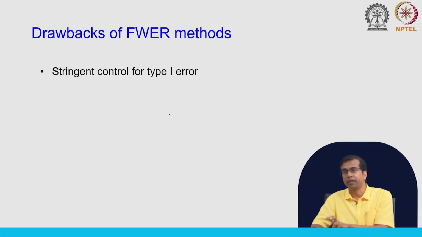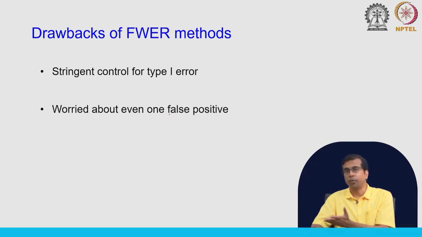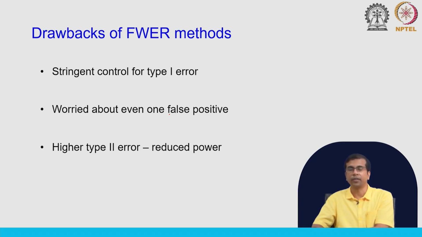So, we are worried about even one false positive out of these 10,000 tests, and as a consequence the type 2 error is higher in these methods, and we have reduced power. Higher type 2 error means we have more false negatives, where h naught is actually false, but we are not rejecting h naught. So, this leads to a lot of false negatives.